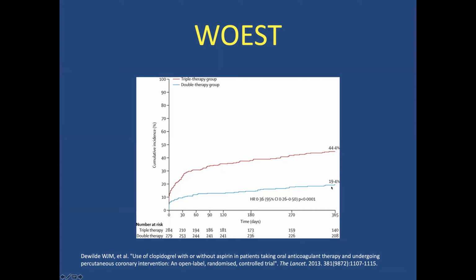It did show a substantial decrease, as I mentioned before, in the rates of bleeding with the taking away of aspirin. There was not an increased rate of vascular events, recurrent MI or stroke, but it was certainly a small trial and underpowered for the demonstration of vascular events. But it was the first trial that clearly showed that the rate of bleeding was decreased with the withdrawal of aspirin.